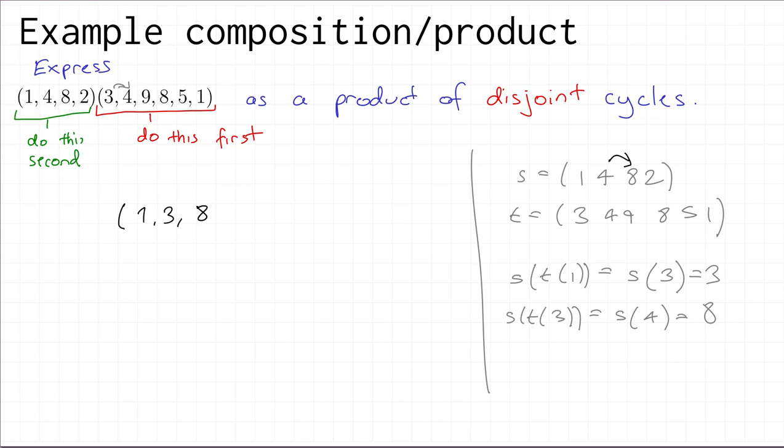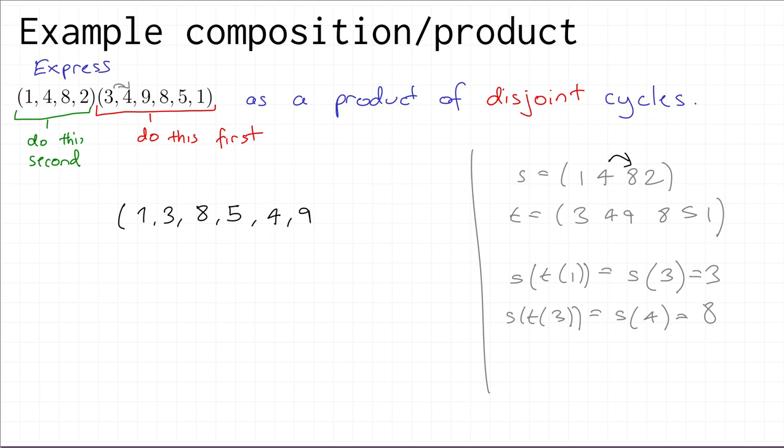Okay, let's keep going. So what happens to 8? The cycle on the right, T, sends 8 to 5, and then S sends 5 to 5. So we get a 5. What does T do to 5? 5 goes to 1, and then S sends 1 to 4. What happens to 4? 4 goes to 9 on the permutation on the right, and then on the left, S sends 9 to itself.